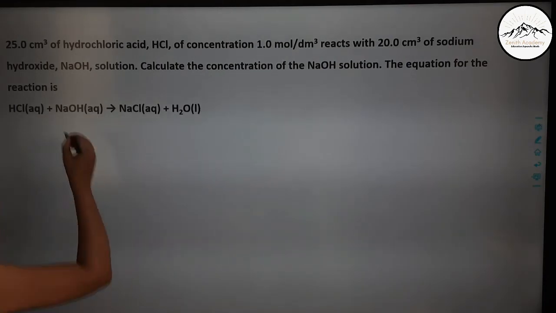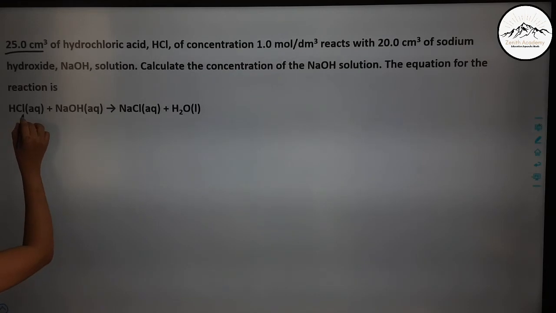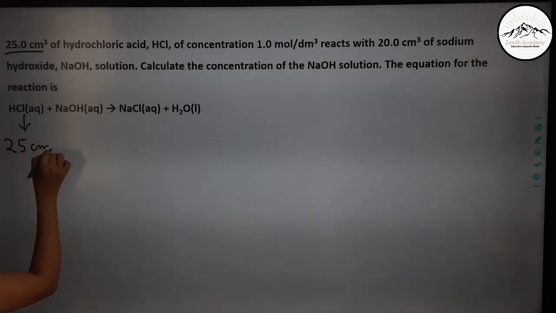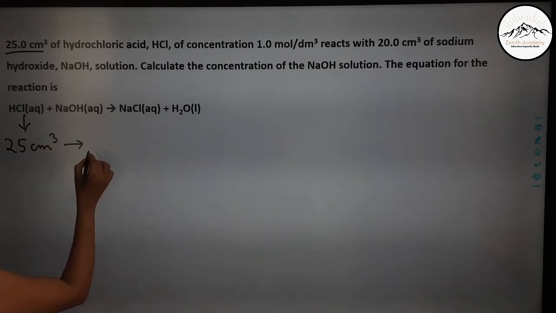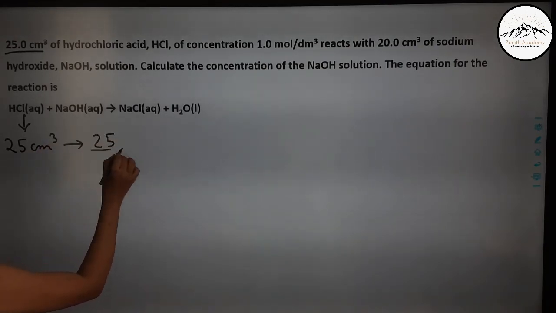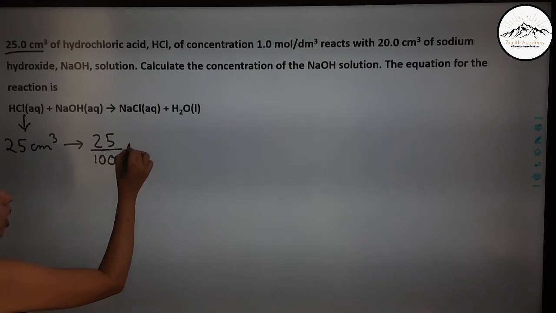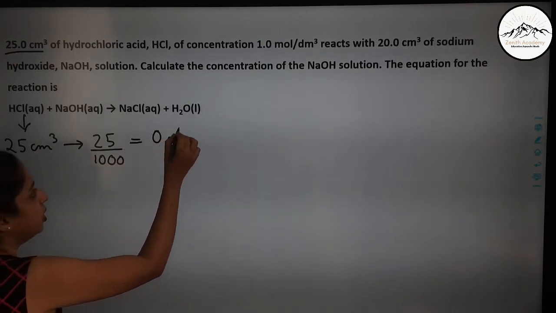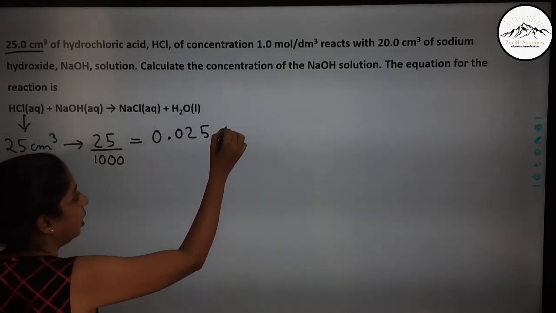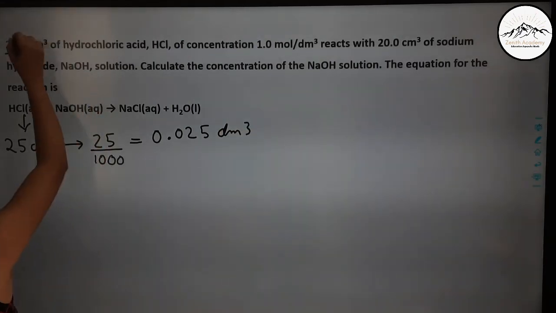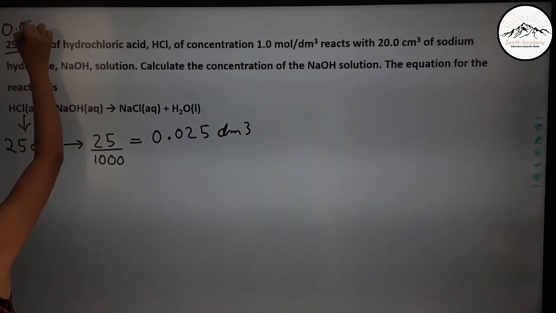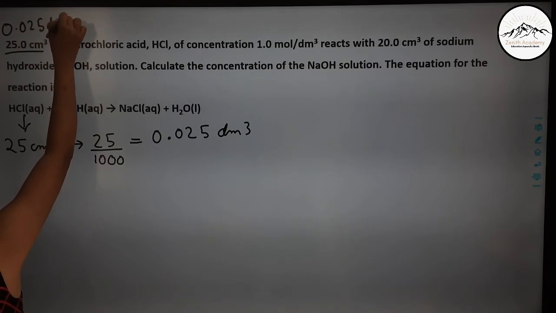Now first of all, we need to convert the volumes into dm³. So first, if we talk about HCl, the volume is 25 cm³. So we convert it into dm³. We divide 25 by 1000 and this comes out to be 0.025 dm³. So this volume is now 0.025 dm³.